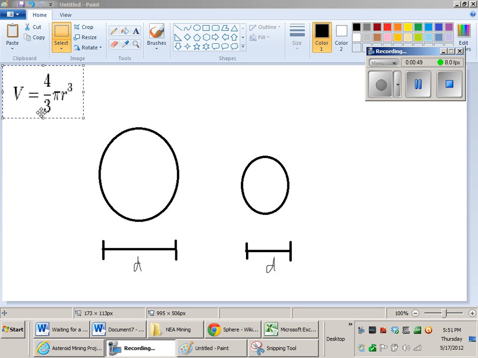That would give you the large volume, the max volume estimate. And you would also divide the minimum diameter by 2, plug that into the formula to get the minimum volume estimate.